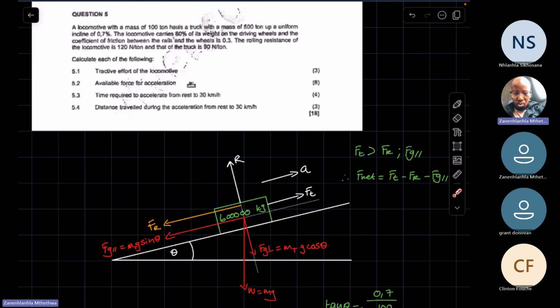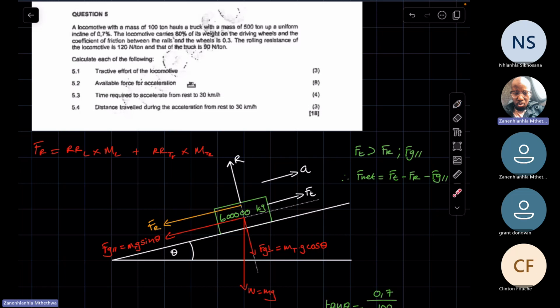When it's mentioned that the locomotive is hauling trucks, normally they give you the tractive resistance, or rolling resistance, of both the locomotive and the trucks. So to get the total FR, it will be the rolling resistance of the locomotive multiplied by the mass of the locomotive, plus the rolling resistance of the trucks, let me say TR for trucks, times the mass of the trucks.